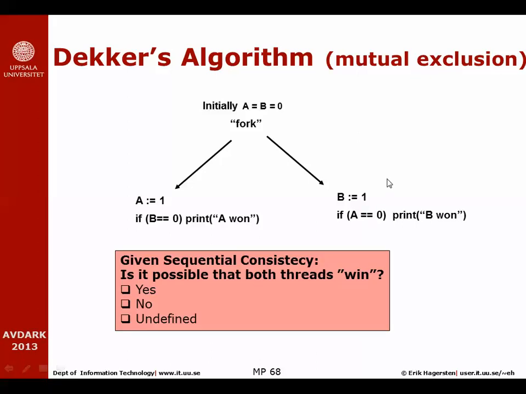So given sequential consistency, is it possible that both threads win? And the answer is exactly what Dekker wanted: no, it's not possible. Dekker had this kind of sequential consistency in his mind, even though that term wasn't defined yet, when he came up with his algorithm.